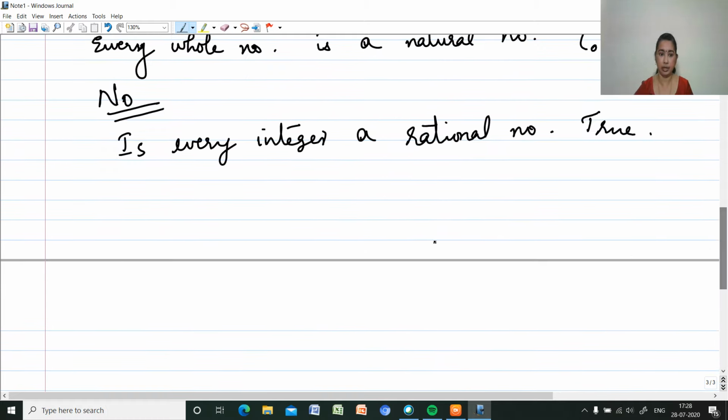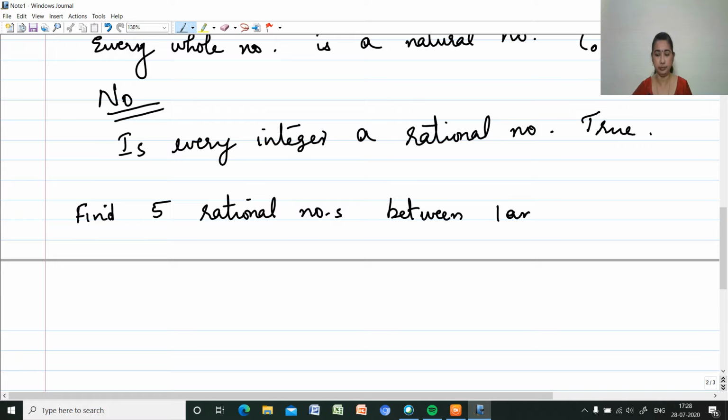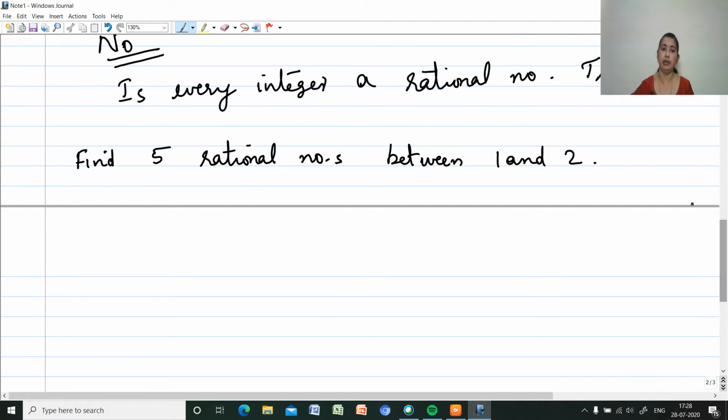Suppose a question given here is: find 5 rational numbers between 1 and 2. We have to find 5 rational numbers between 1 and 2. There are so many methods to find, so we'll discuss them now.